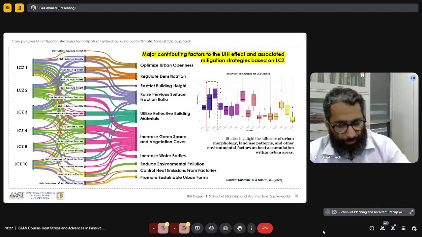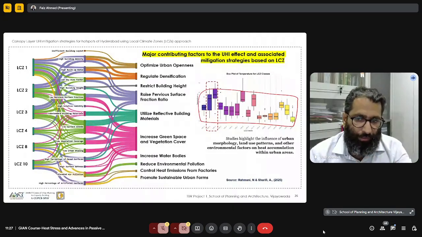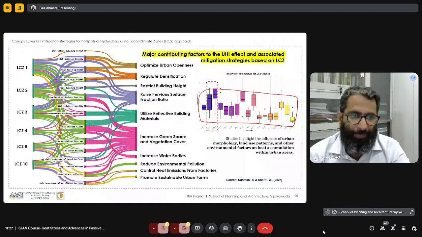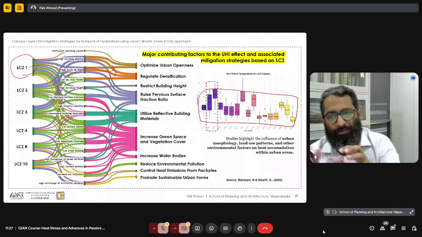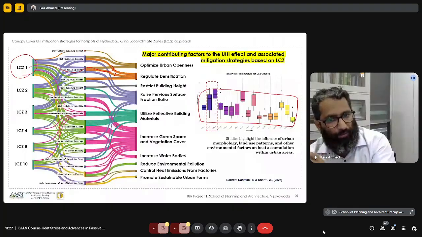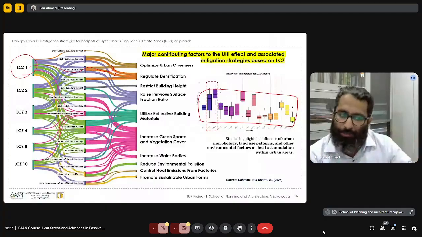In addition to that, once we are able to identify the different climate zones that we have within the city, we can also map what kind of strategies may best suit those climate zones. We are not talking about the bigger area in general, but within the city.